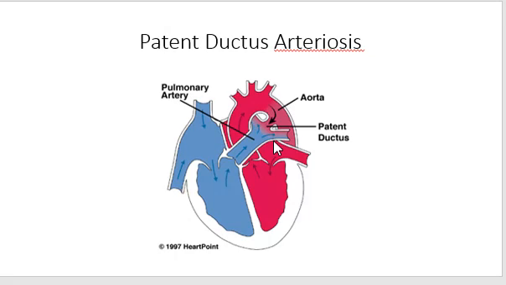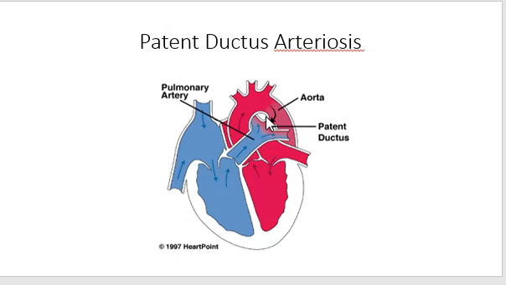Then you can have your non-surgical treatment where they use a coil and it basically occludes the PDA, and that's done by catheterization. They'll put a little coil in there, and it'll occlude that PDA. But if you've got a really, really large one, it's most likely going to require surgery.